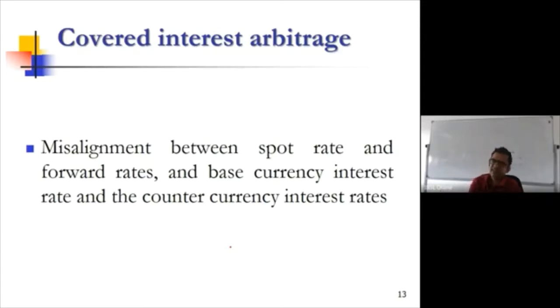That's why it's called covered interest arbitrage, because it happens due to differences in interest rates used in the market to price the forward and your borrowing and lending ability in different currencies. Depending on that, this opportunity will be available in the market.